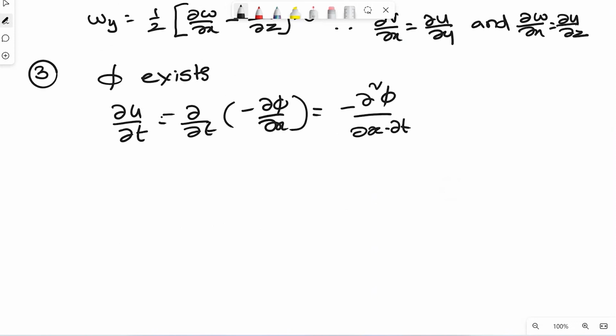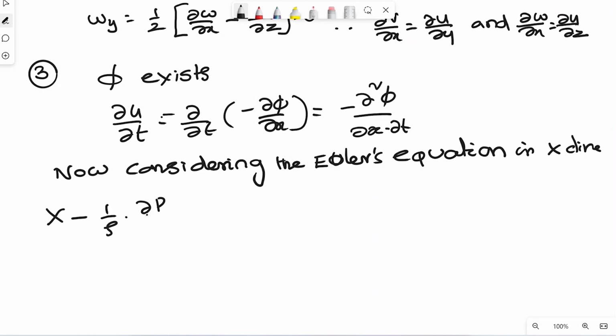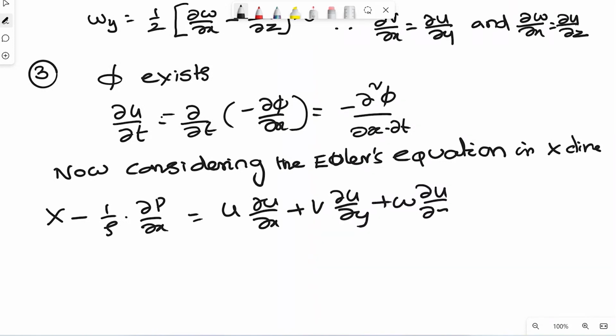Now considering Euler's equation in the x direction: X minus 1/ρ ∂p/∂x is equal to u ∂u/∂x plus v ∂u/∂y plus w ∂u/∂z plus ∂u/∂t.